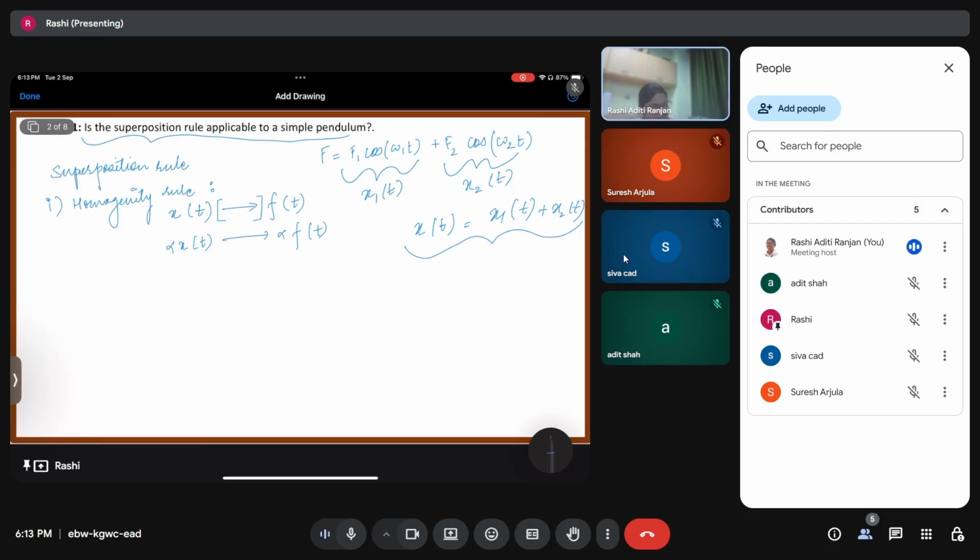The second part is additivity. Additivity says that if x1 of t is giving me a solution f1 of t, and x2 of t is going to give me a behavior of the form f2 of t, then x1 of t plus x2 of t is going to give me a solution of the form f1 of t plus f2 of t.